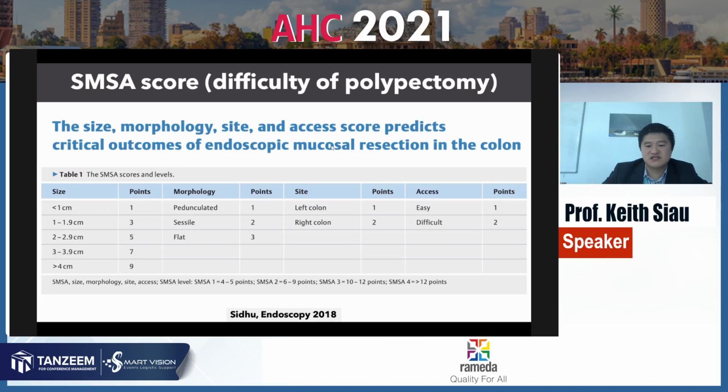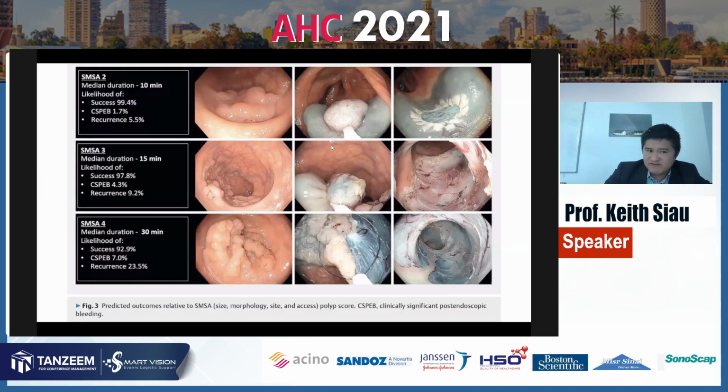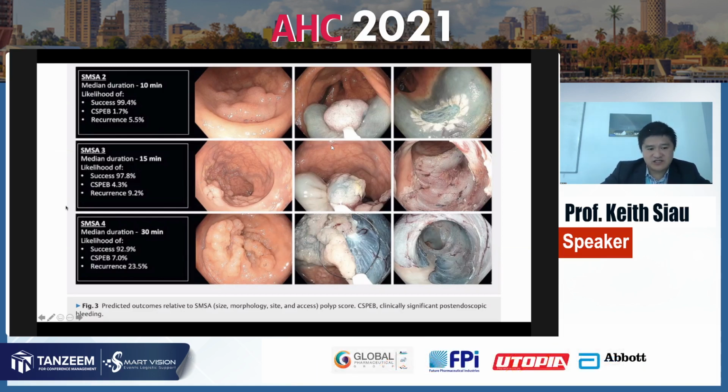And you have a scoring system where SMSA4 carries the highest degree of difficulty. And this has been validated and has been shown to correlate with procedure time, the likelihood of completeness of resection, the risk of clinically significant post-endoscopic bleeding, as well as recurrence rate. And the recurrence rate of SMSA4 was about 1 in 4.